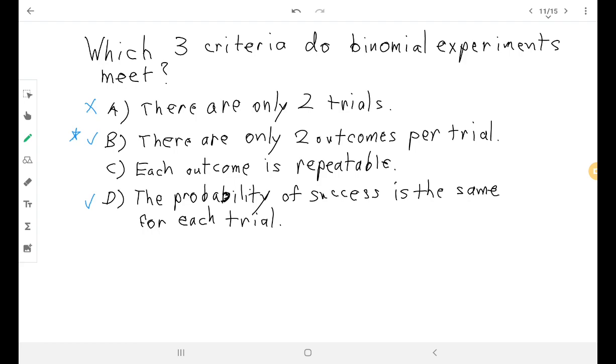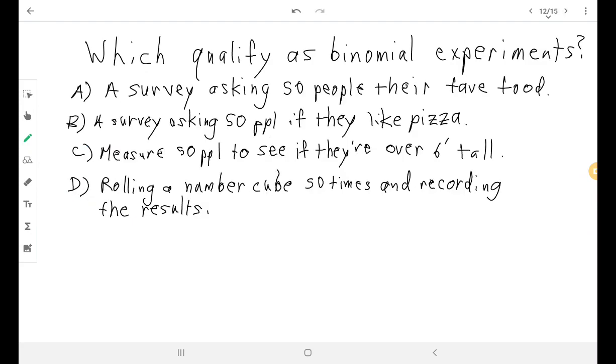But it just has to be something. It doesn't have to be 50% every time. I hope that makes sense. All right. So again, this one maybe, but depends on what you mean by repeatable. I'll give you a moment to ponder that, and let's move on to our next question.